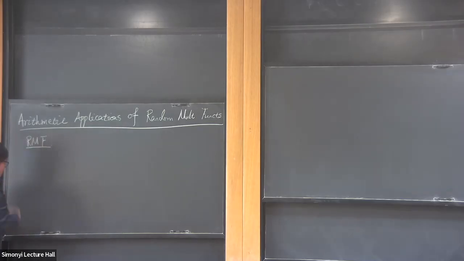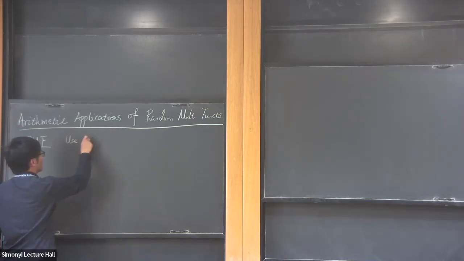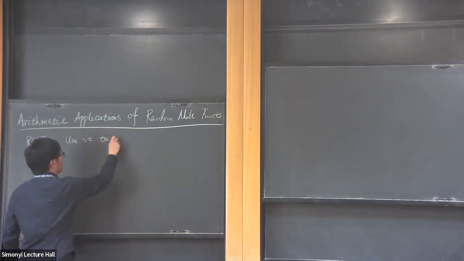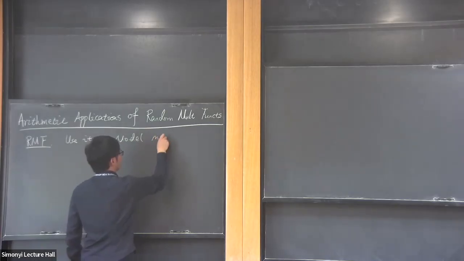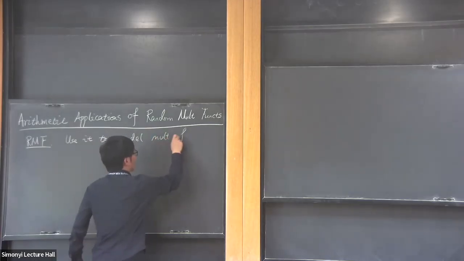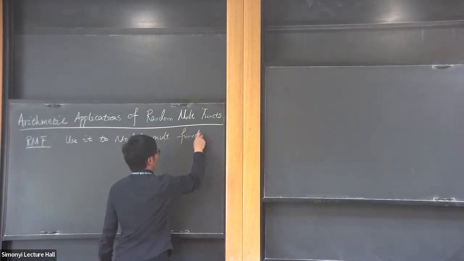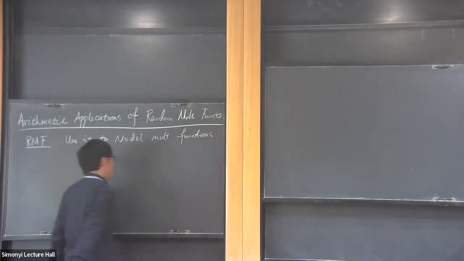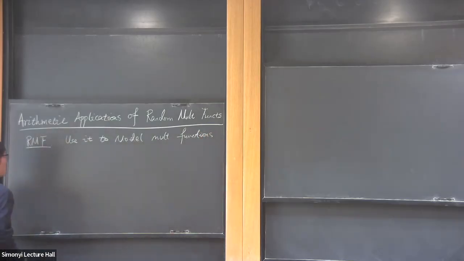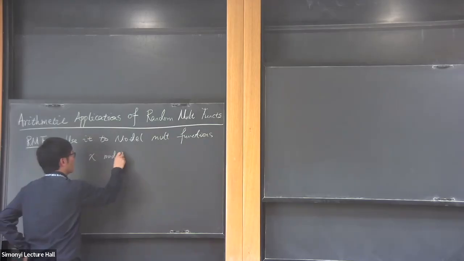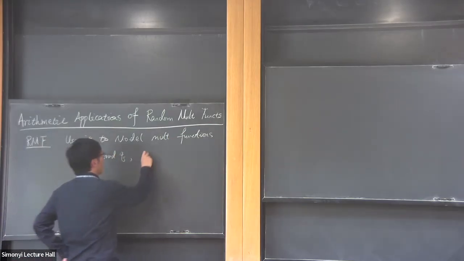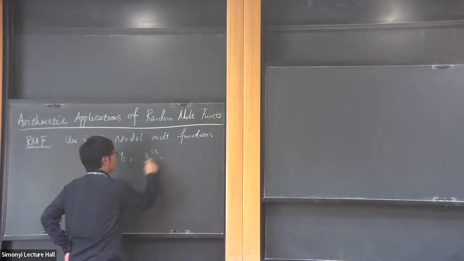Nevertheless, I will first start, just in case you haven't heard about this, with the object: random multiplicative functions. We want to use it to model multiplicative functions. In particular, it's a good model for, let's say, a character mod q, or a character like n to the it.